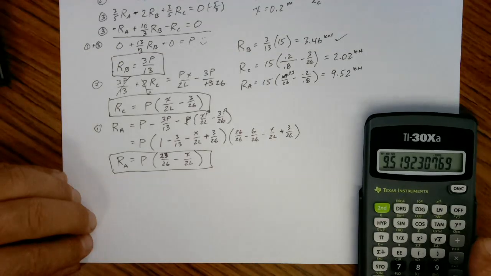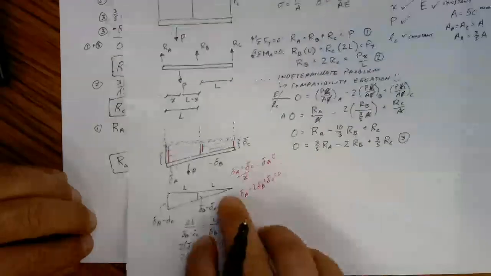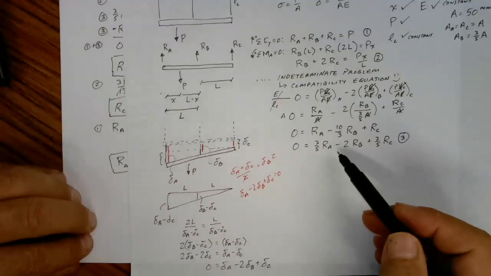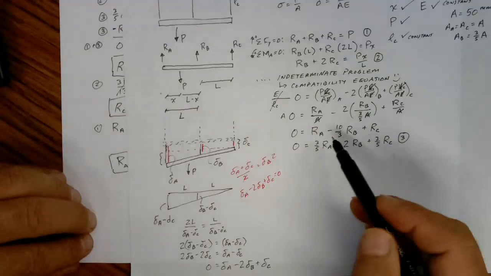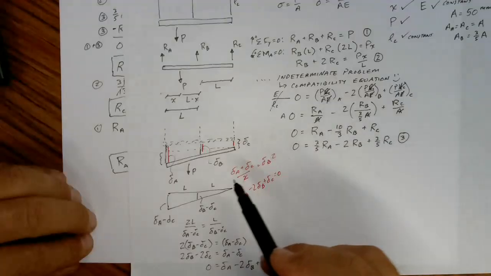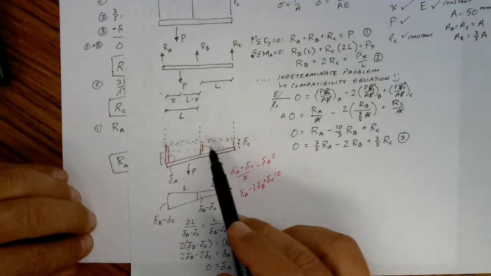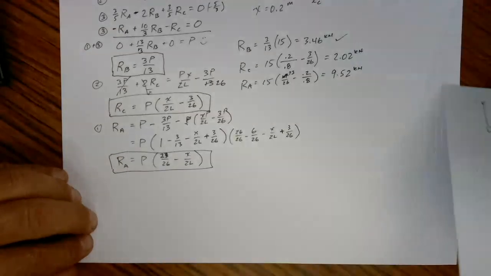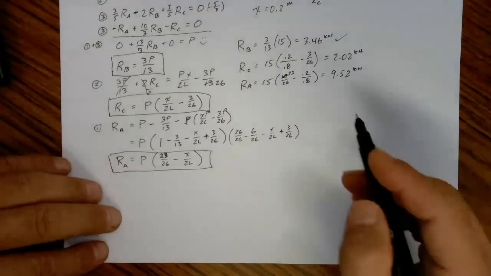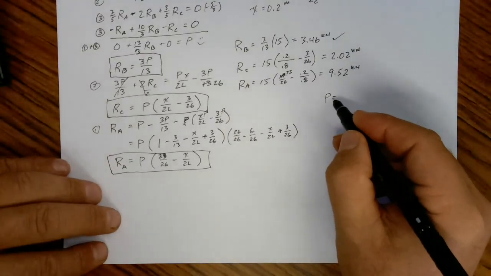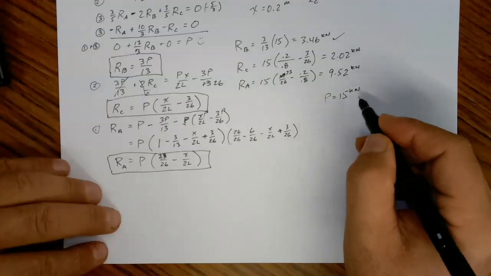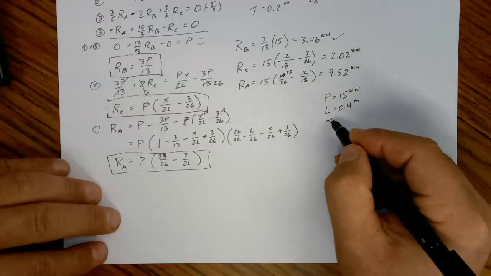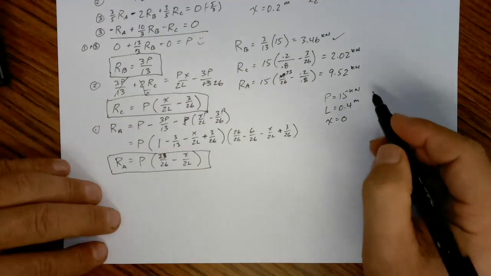So what I want to talk about is we develop an additional equation based on compatibility, based on some assumption of how it deforms. So I want to see what would happen if I said P was equal to 15 kilonewtons, L was equal to 0.4 meters, and X was equal to 0.